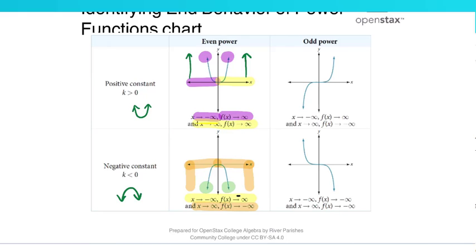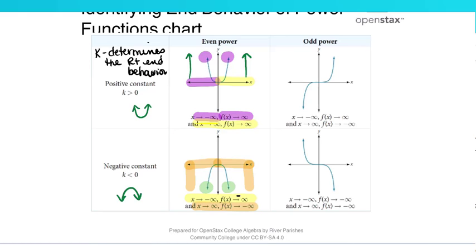So for the odd powers, what does that mean? The way I look at it, the k determines the right end behavior. And then if you figure out the right end behavior and then use the fact that it's even or odd to determine the left behavior, so it's either going to be pointing in the same direction or opposite, then you know both sides.